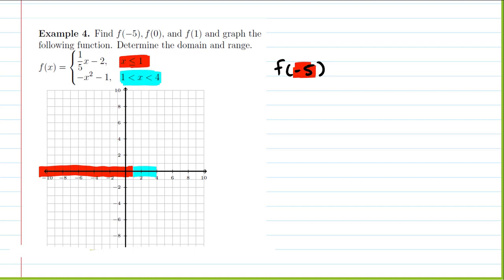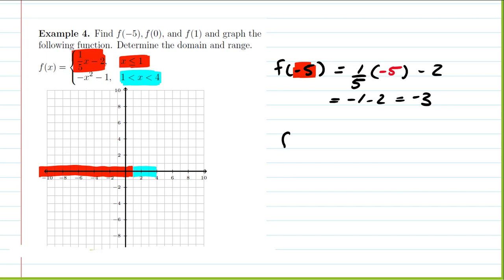So that means we're going to use our red rule. So we would get 1/5 times our -5 take away 2. So 1/5 times -5 is -1, minus 2 gives us -3. So f of -5 would be -3.